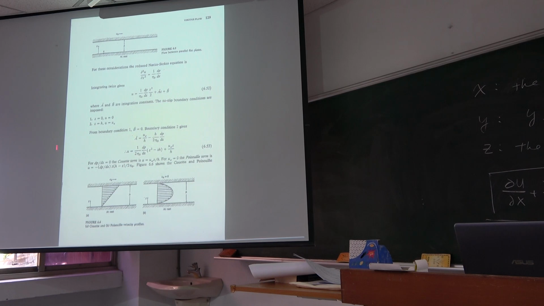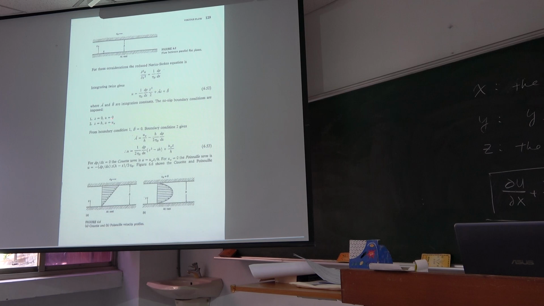Then we have the general solution, and the coefficients should be determined. These two undetermined coefficients should be obtained by the boundary conditions. At the upper surface we have the velocity, which we call UA. At the bottom we have the velocity equal to 0.